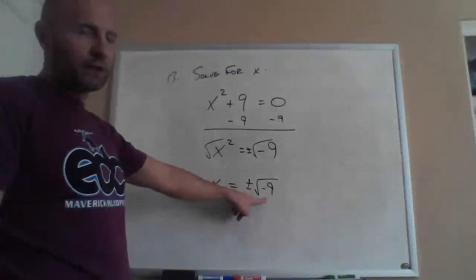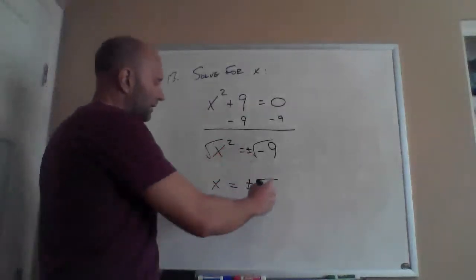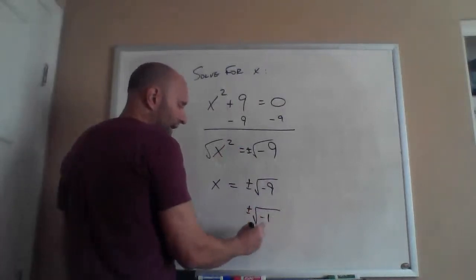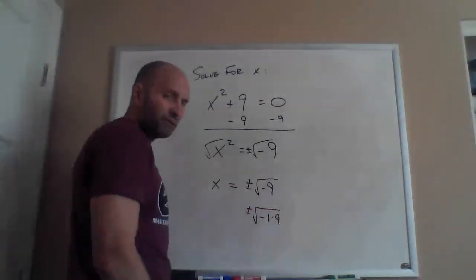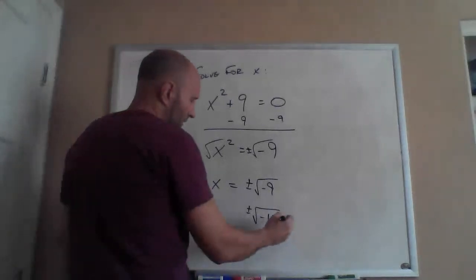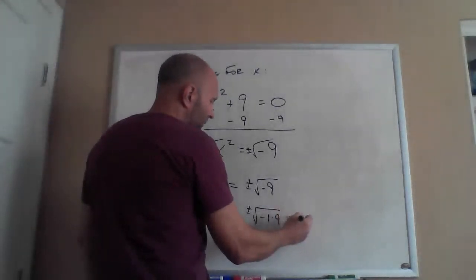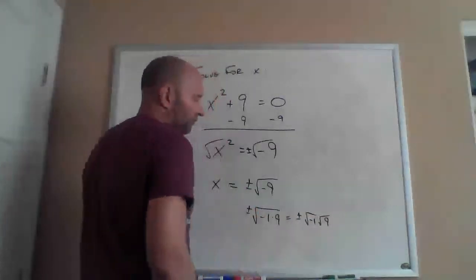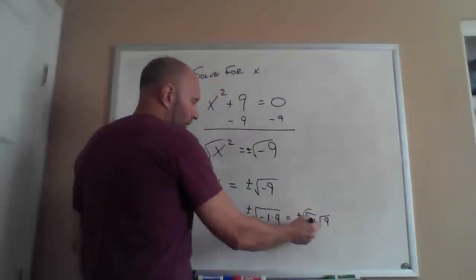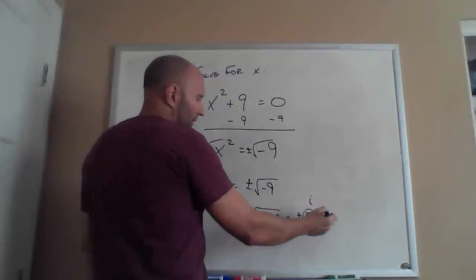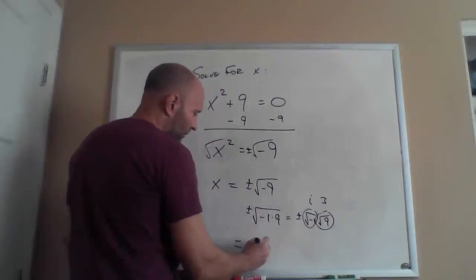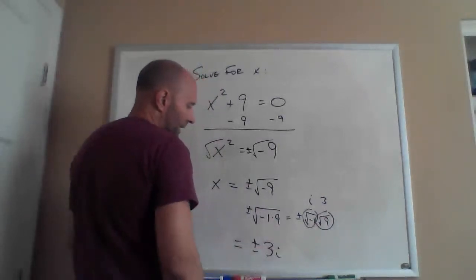So this is a complex number, and using our radical rules, this is plus or minus square root of -1 times 9. So break this apart, plus or minus square root of -1 times square root of 9. Well, square root of -1 is i. Square root of 9 is 3. So this answer is plus or minus 3i.